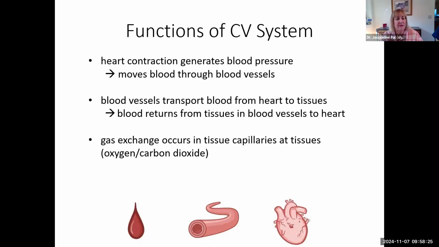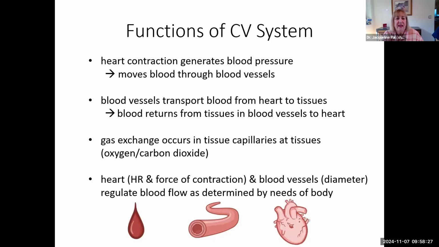And the last of the four general functions is that the heart and blood vessels are going to regulate blood flow. And this is determined by the needs of the body. You don't need so much blood flow when you're just sitting around watching TV or reading a book or listening to a video. But if you were jogging or running, or even just doing laundry or cleaning your house, you would need more.